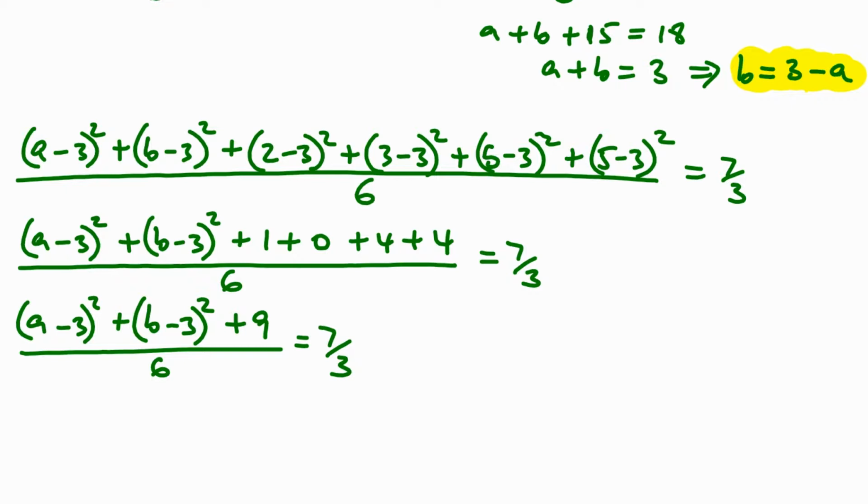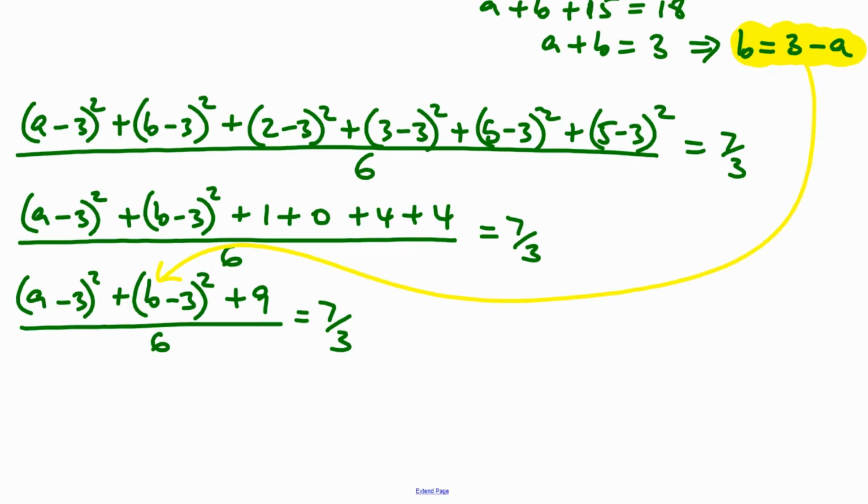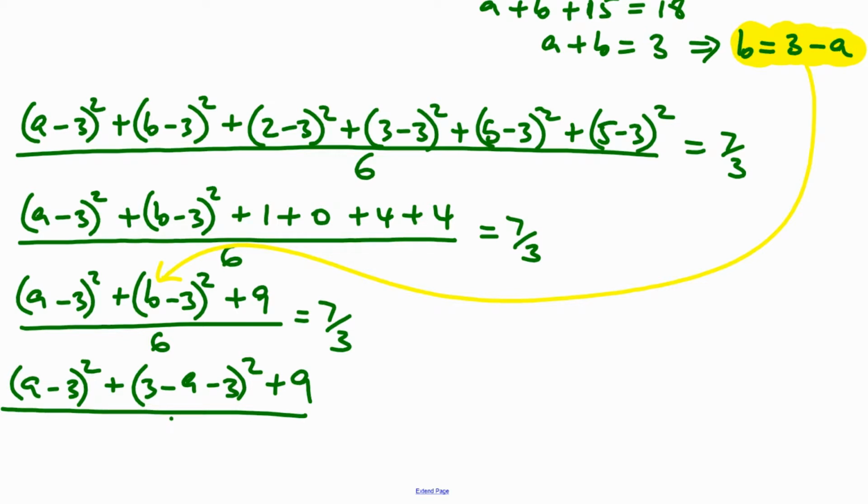So now we want to substitute B so that we can end up with an expression in terms of A. So what we shall end up with here is A minus 3 squared plus 3 minus A minus 3 squared plus 9, all this over 6, should be equal to 7 over 3.